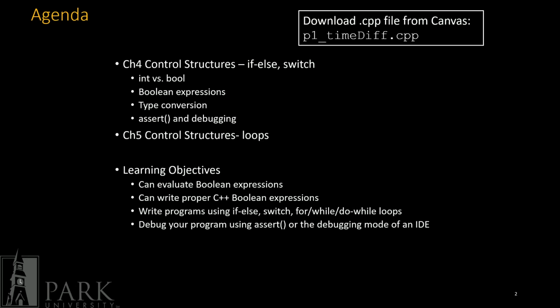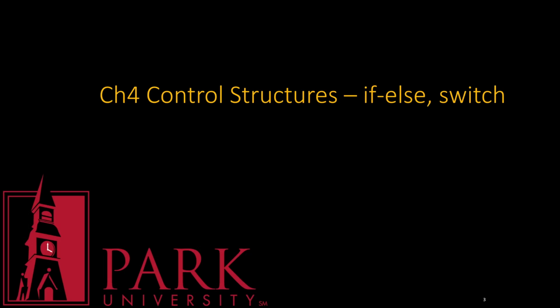If you didn't have them, you wouldn't have much of a program at all, right? And again, debugging is extremely important, so we're going to cover that again and make sure that you can debug your programs both using the assert function and the debugging mode of an IDE. So without further delay, let's go ahead and cover chapter 4, control structures.